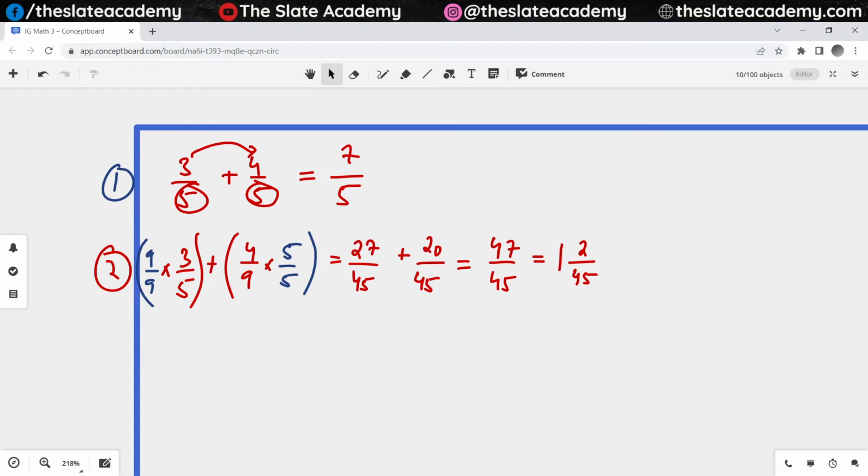The third thing that we can see, for example, let's say the numbers that I have to add are 3 over 5 plus 8 over 15. Here I can see that one of the fractions has 15 in its denominator, and the other has 5.